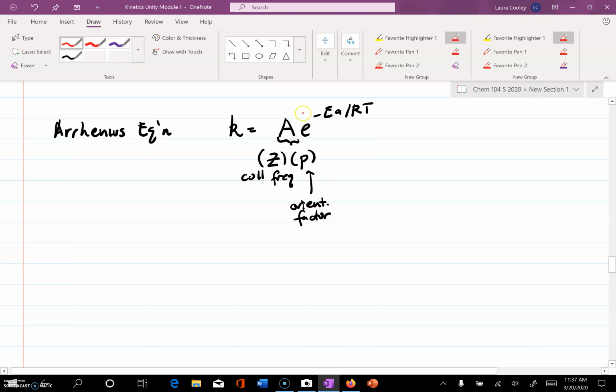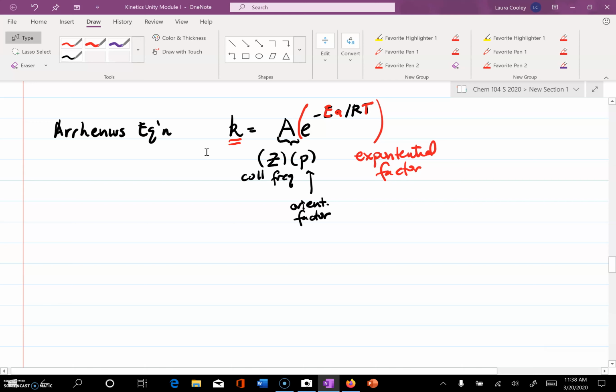And now we're going to be focusing on this part here, which we call the exponential factor. And I want you to notice two things that are in this factor. I already pointed out the activation energy, but I also want to point out the temperature. And that's something we're going to be exploring here as well, is how does the temperature influence the rate constant?